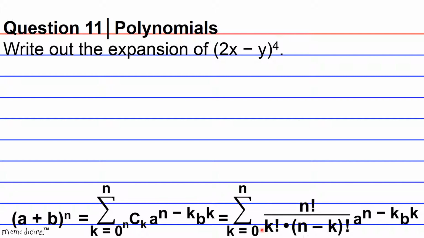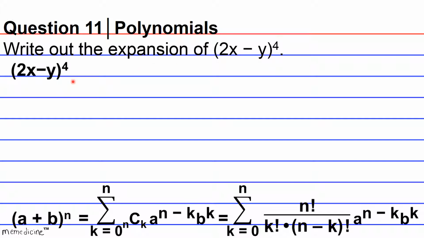So this is just a substitute for the combination notation for when you're doing this out by hand. All right, so let's apply this equation to our binomial of interest. Again, n is equivalent to 4, a is equivalent to 2x, and b is equivalent to negative y.